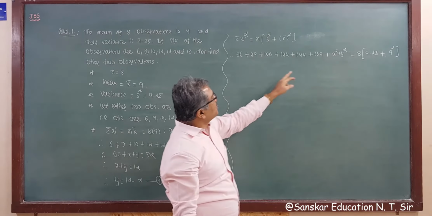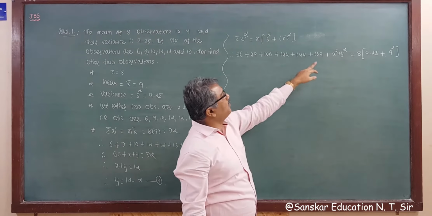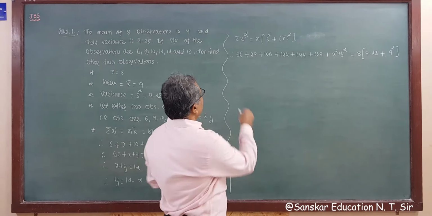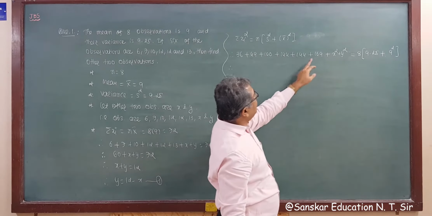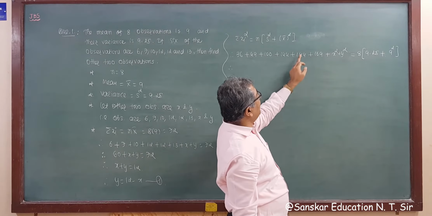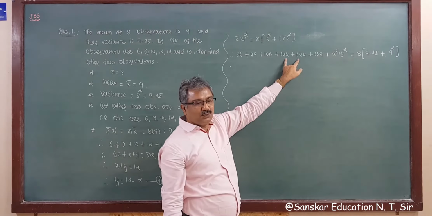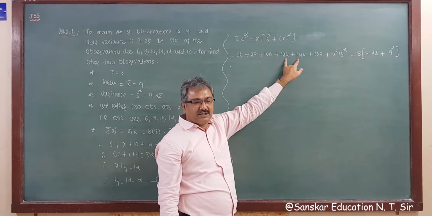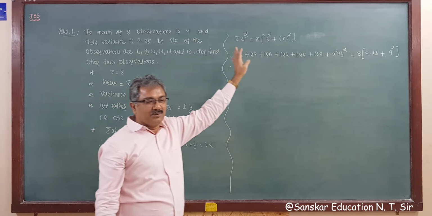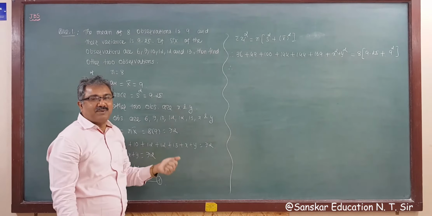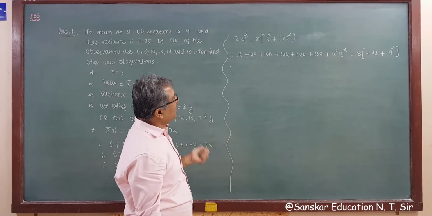Now sum of all these observations, right? So sum of this is 169, 144, 144, that is 288, right? So sum of these observations you have to calculate.